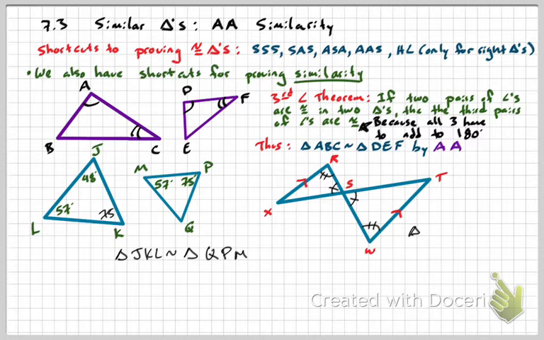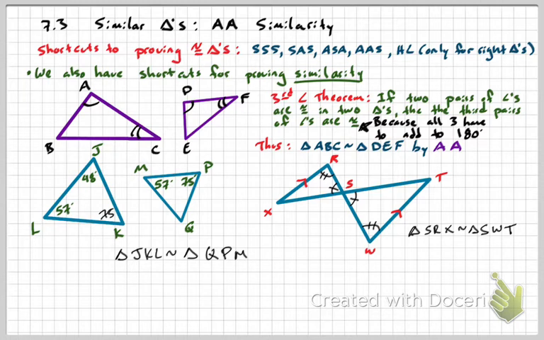It should be triangle SRX is similar to triangle SWT. I apologize, guys. I used the R from the left and the T from the right. That's correct, though. SRX is similar to SWT.